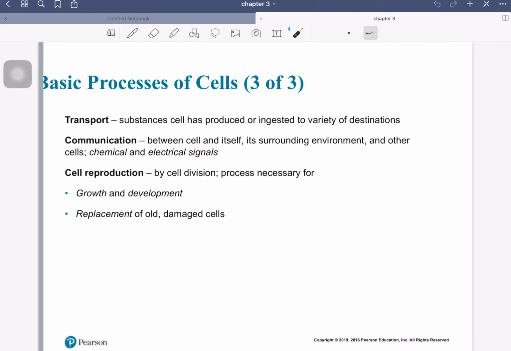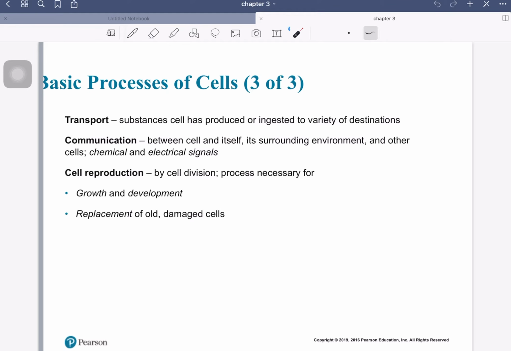Now, of course, transport's important because things that a cell makes have to be transported either locally or quite a distance in some cases. Think about cells that are part of glands in the endocrine system, say up in the hypothalamus and the pituitary.